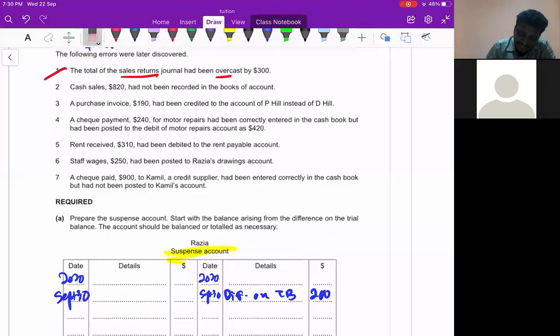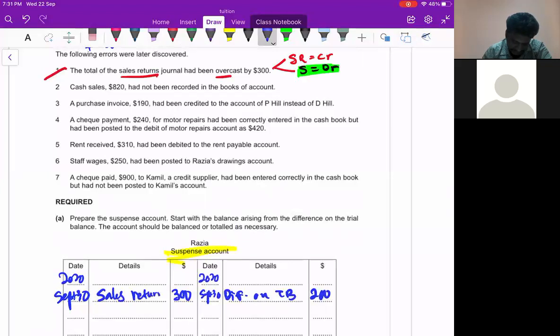Normally sales return is on the debit side, so I need to minus means go credit. So your sales return is credit. The other account will be suspense now because the mistake happened in the total. So your trade receivable is correct. So your suspense account will be debit. So you go debit. You write here 300.